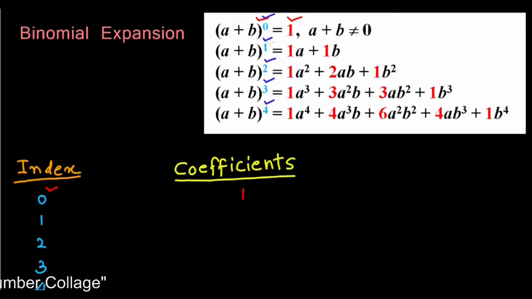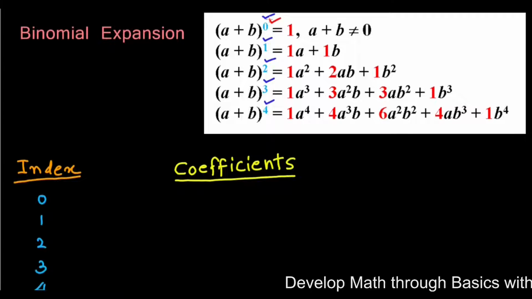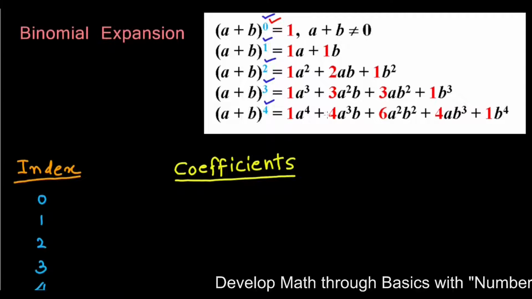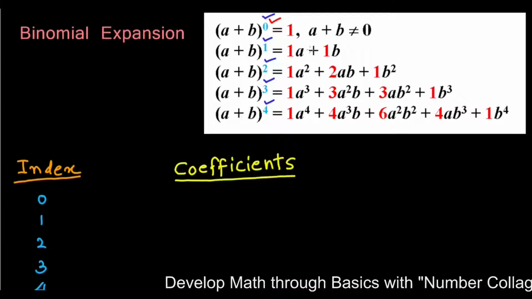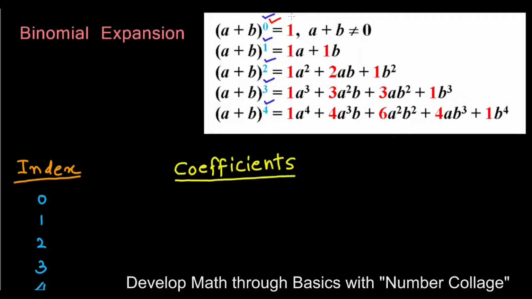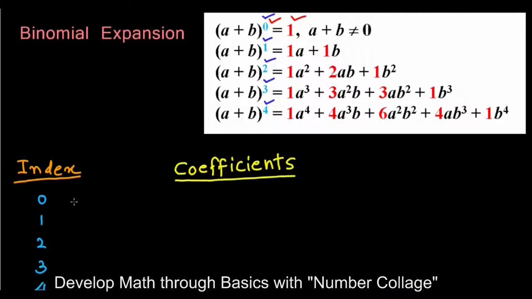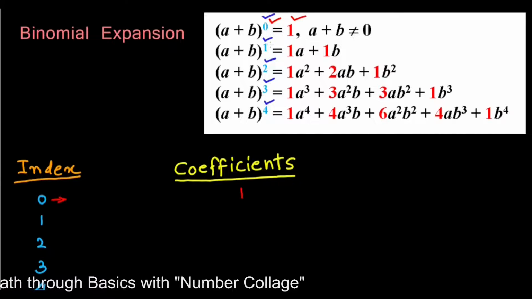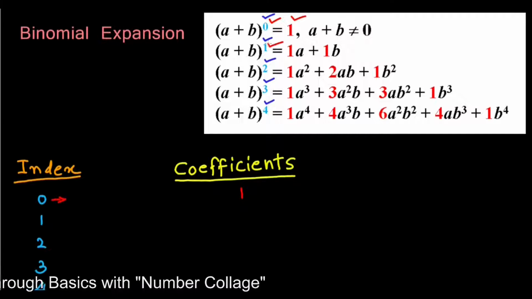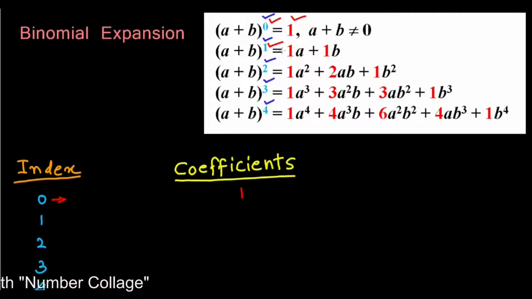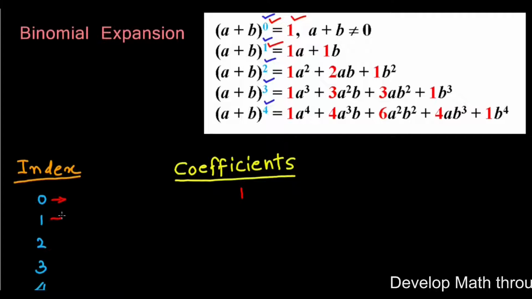When the index of the binomial is 0, there will be 0 plus 1, that is one term in the expansion, and its coefficient is 1, which we write next to this 0. When the index of the binomial is 1, there will be 1 plus 1, that is two terms in the expansion, and therefore two coefficients, which we write next to this index, and the coefficients will be 1 and 1.